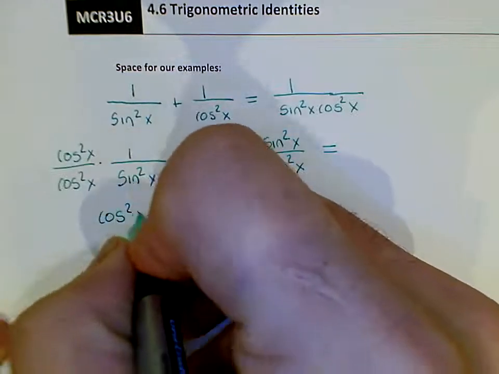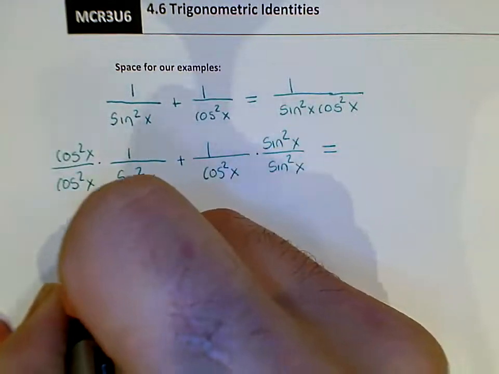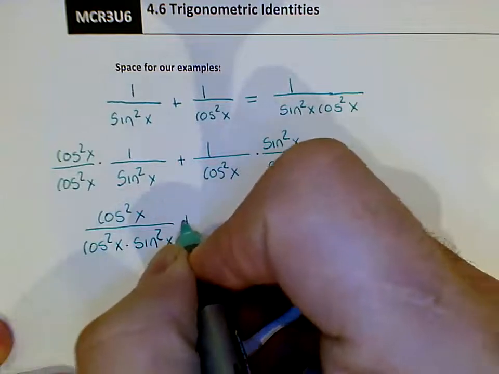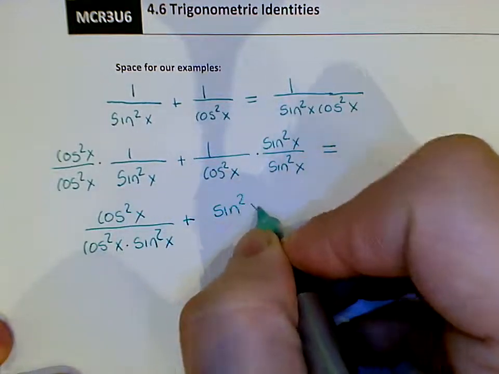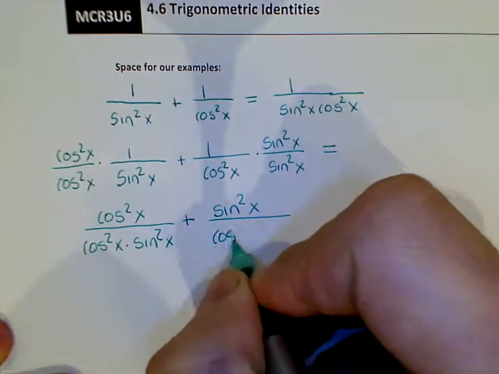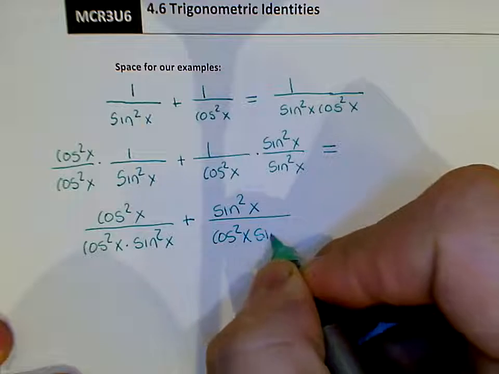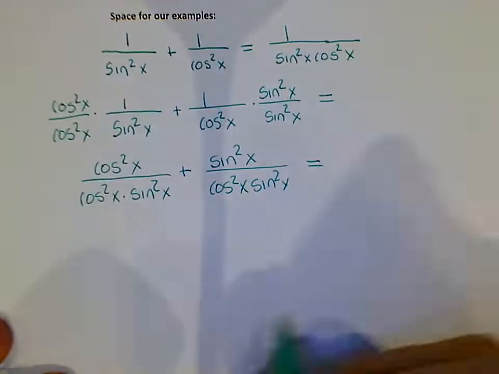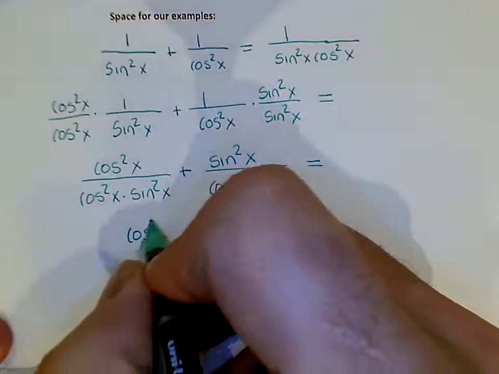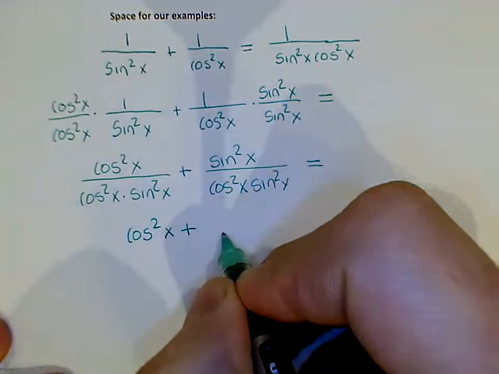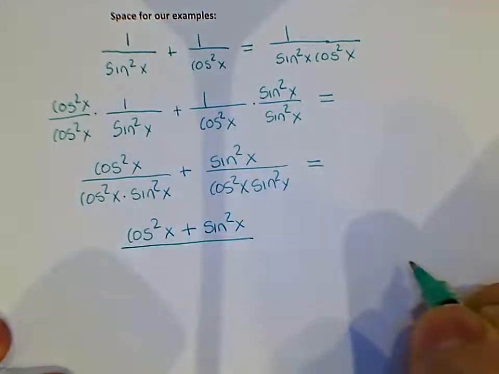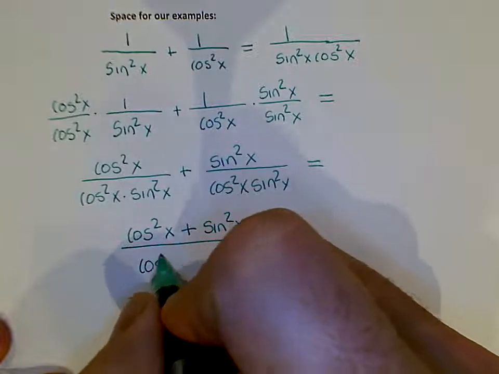I'm going to end up with cosine squared x over cosine squared x times sine squared x plus sine squared x over cosine squared x sine squared x. Because I have a common denominator now, I can group up my two rationals under the common denominator.